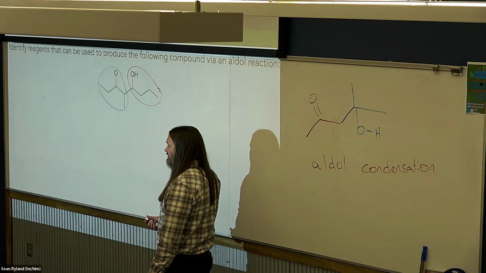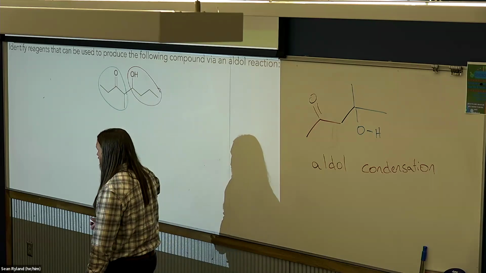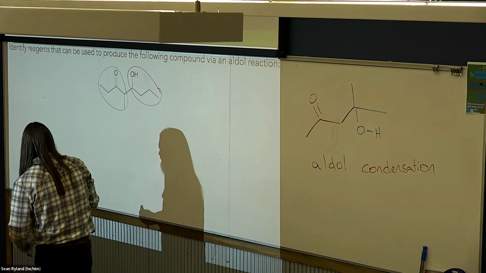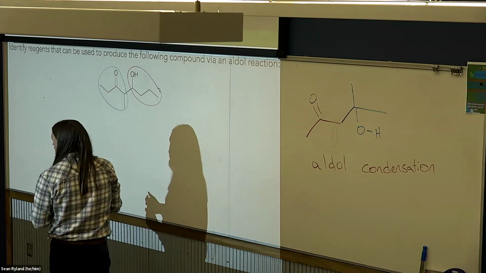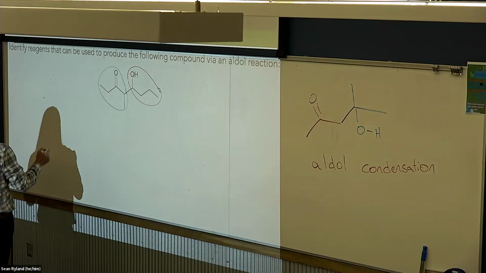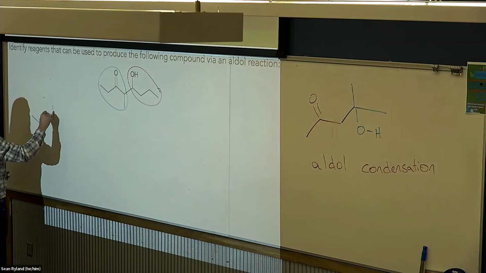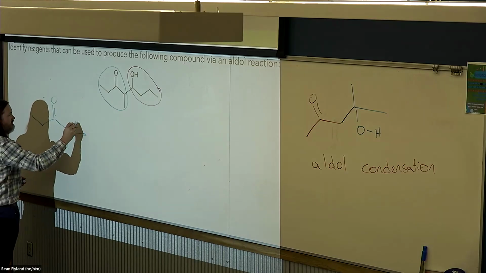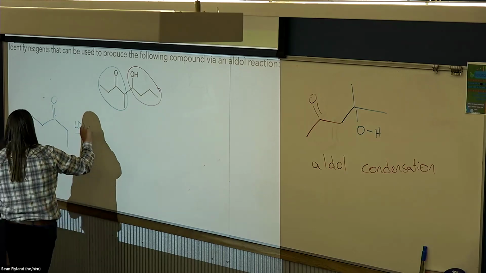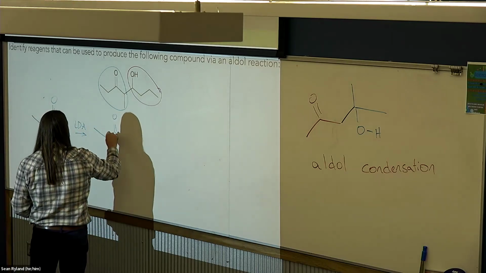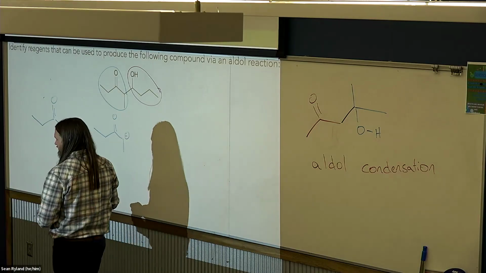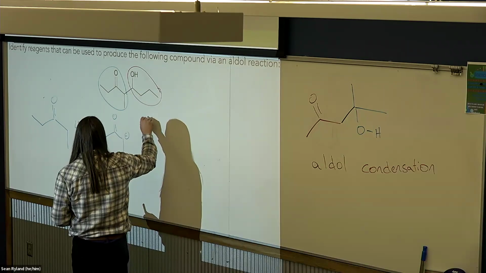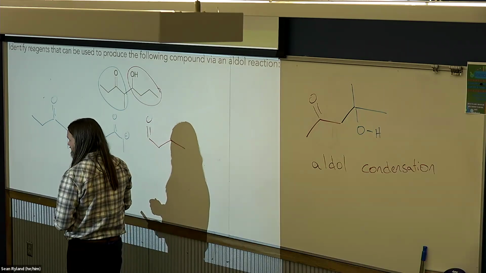One that's the target of the enolate is going to be this. Let's work back. There's two options, right? If we take the blue molecule and we turn it into an enolate, we get this, which is then going to react with this.